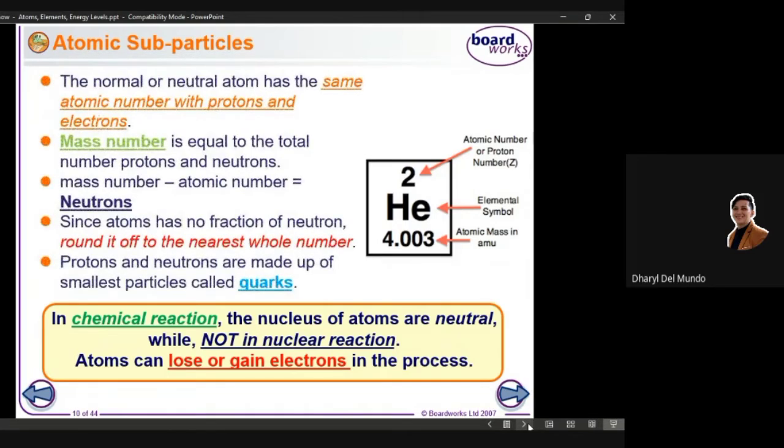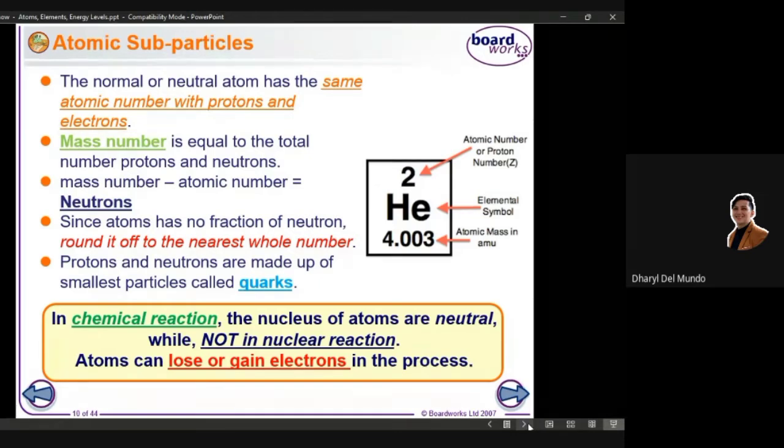So the normal or neutral atom has the same atomic number as protons and electrons. The mass number is equal to the total number of protons and neutrons, like this one. Mass number minus atomic number, you can get the number of neutrons. Alright, so get the mass number or the atomic mass minus the atomic number, you will get the number of neutrons.